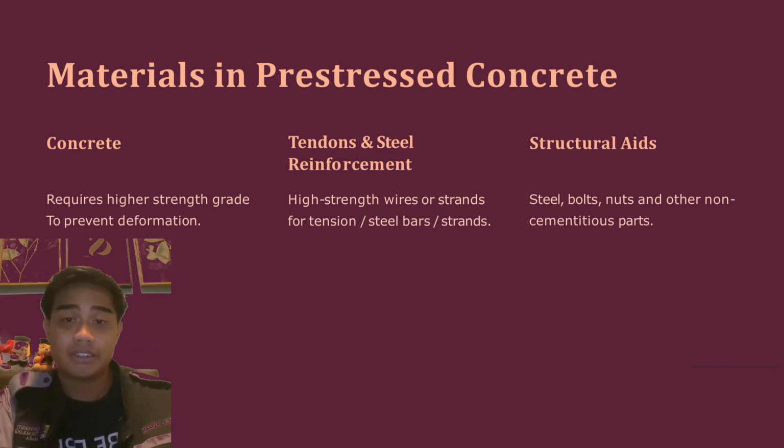Finally, there are structural aids like steel bolts and other parts. This helps support the structure and keep everything in place. In conclusion, while pre-stressed concrete is very useful, it requires special skills, can be costly, and needs the right materials to make sure it's safe and strong.